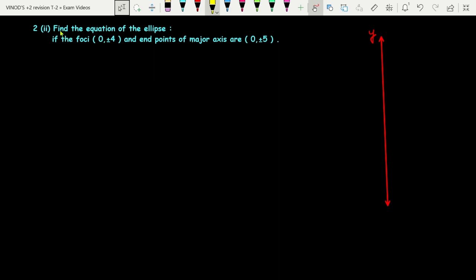Exercise 5.2, problem number 2, second subdivision. Find the equation of the ellipse if the foci are (0, ±4) and the endpoints of the major axis are (0, ±5).